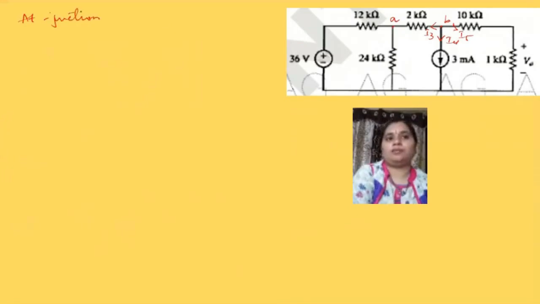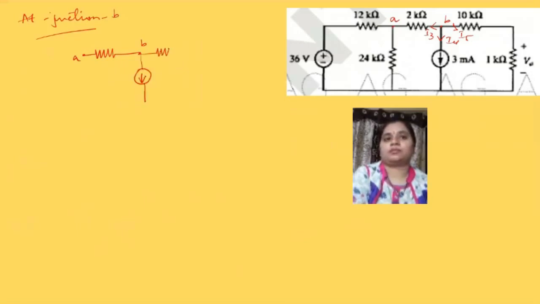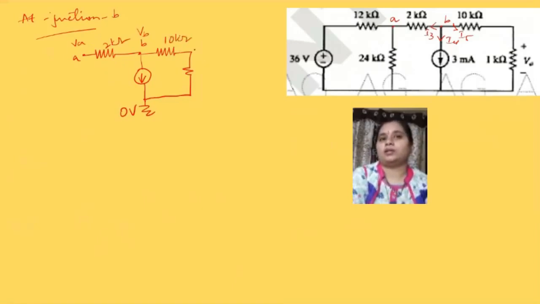At junction B, the circuit is redrawn like this: A, B, and this is 0 volts. This is VA, this is VB, this is 2K, this is 10 kilo ohm, and this is 1 kilo ohm. This is I3, this is I4, and this is I5.